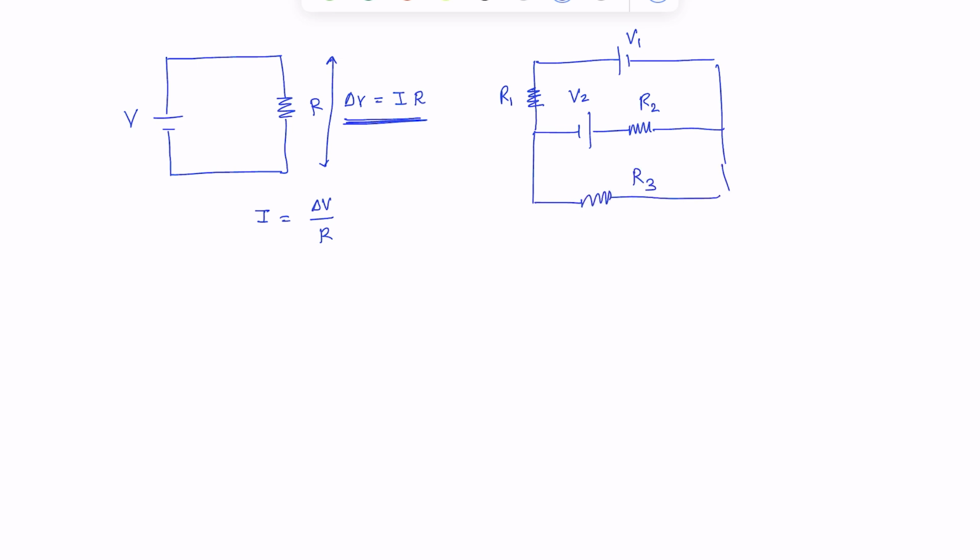So look, this is the circuit, right? There are multiple batteries here, multiple resistors, and if you want to find out what is the current on this resistor, you can't directly solve this problem, can you?